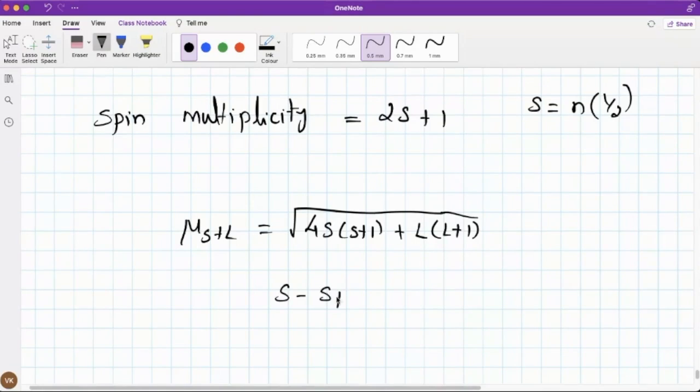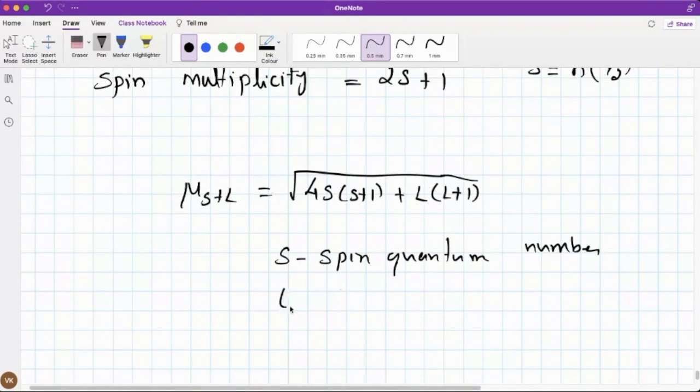S is the spin quantum number and L is the orbital angular quantum number. This is where you have spin orbit coupling in the second row.